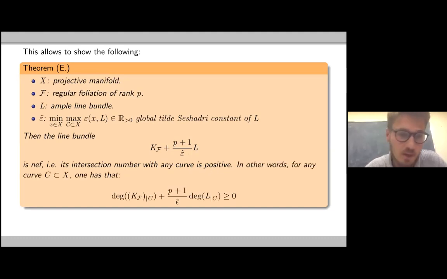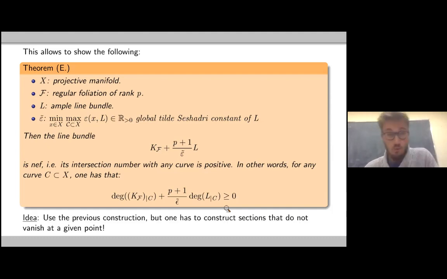So more concretely, if we take a curve in X and restrict to the curve, what it means is that the degree of this line bundle, so it's a line bundle on a curve, K_F plus (p+1)/epsilon tilde L, is greater or equal than 0.